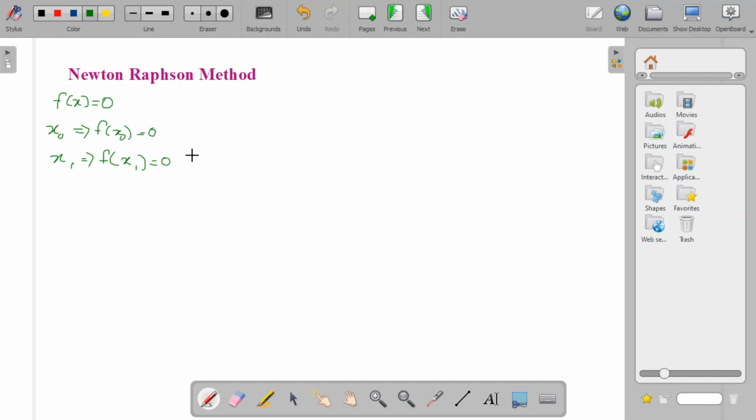What is this x1? What you have to keep in mind is that x1 is something we found from x0. Let x1 be x0 plus h. We don't know what h is. H can be positive or negative, whatever it be. H is some value which, when added to x0, gives x1.